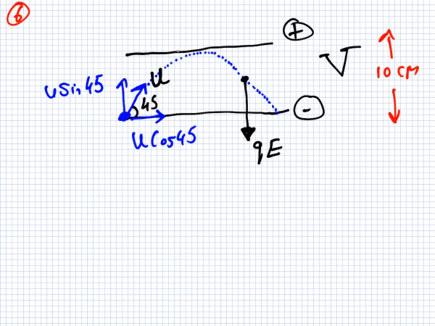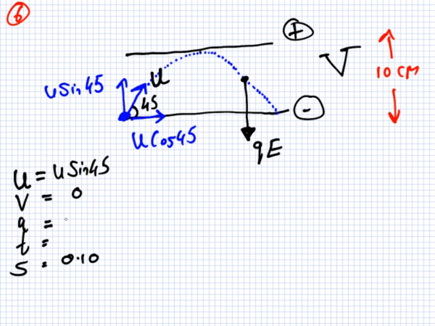Okay, so let's work out the time to get to the top. If I look at the y, u, v, a, t, s: the u is u sin 45. What's the v at the top? 0. The a, don't know. The t, don't know. And the s, 10 centimeters.